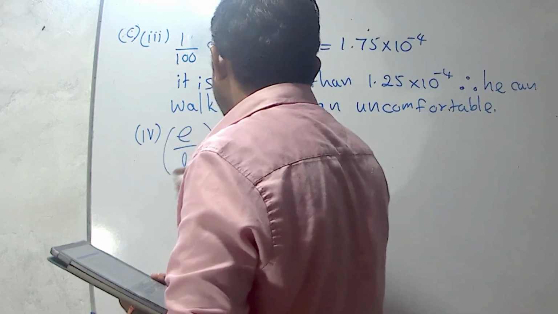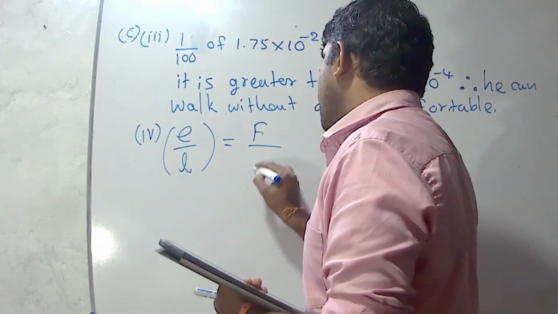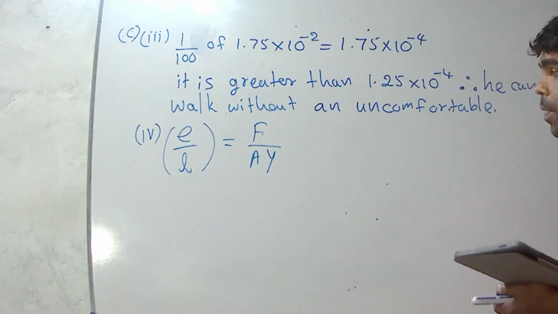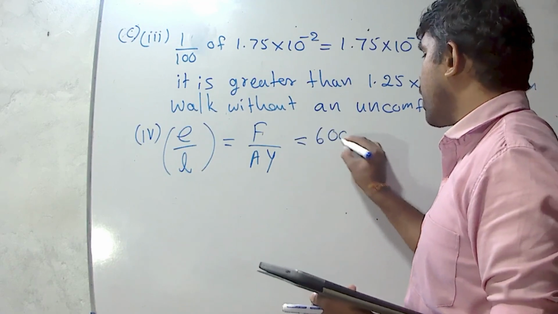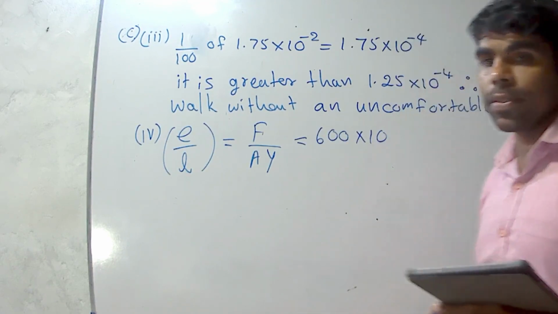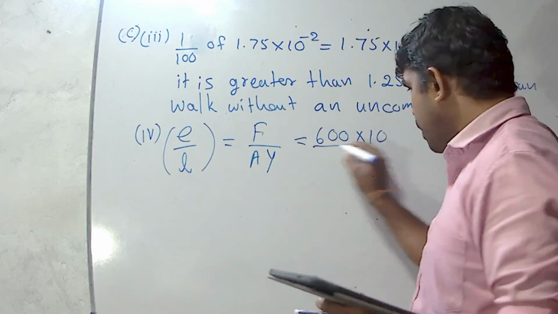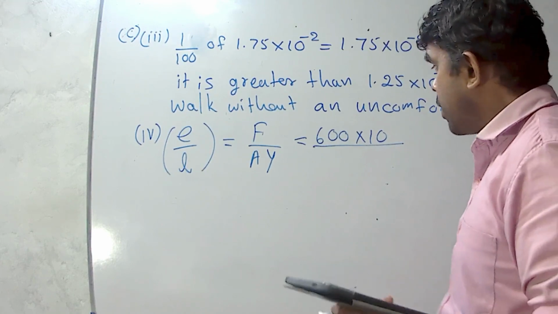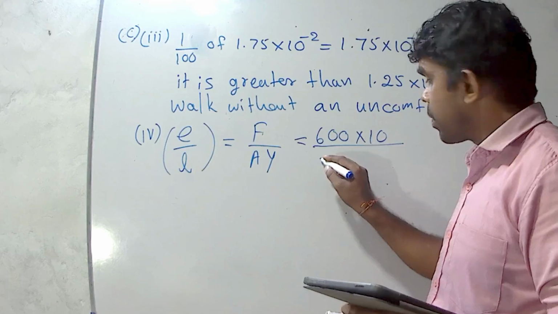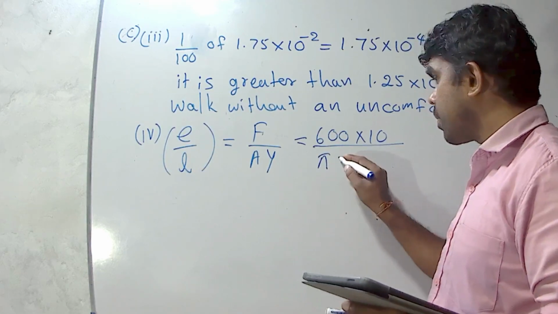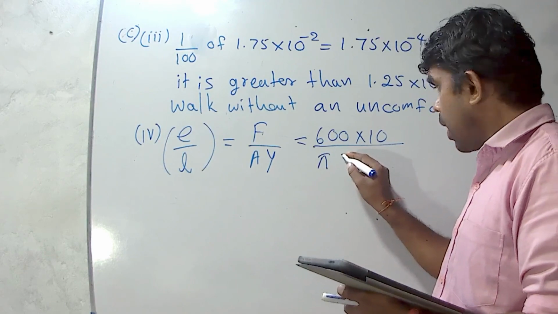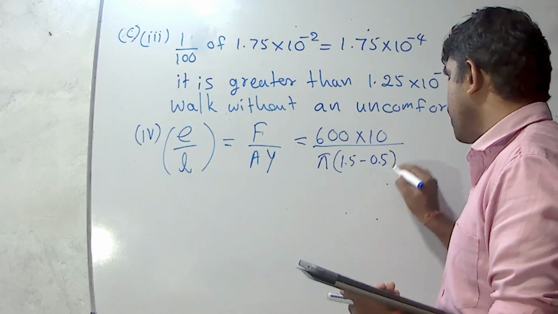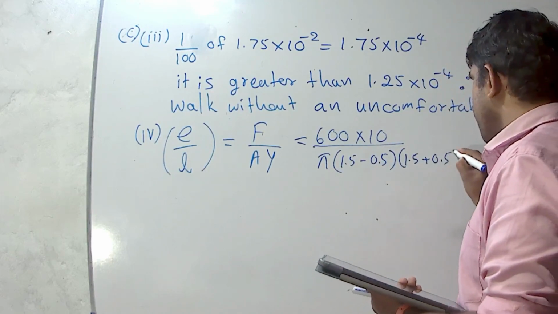When finding strain, we have to get F over A. We have found it in the previous calculation. Force is 600 kilograms, it means 600 times 10 newtons, divided by the area. When getting area, we can get pi r squared, 1.5 minus 0.5, 1.5 plus 0.5.